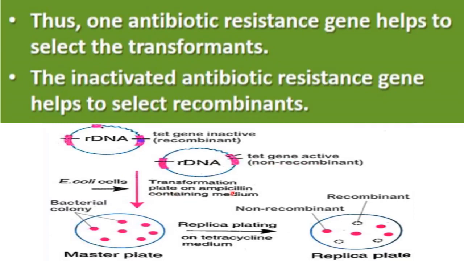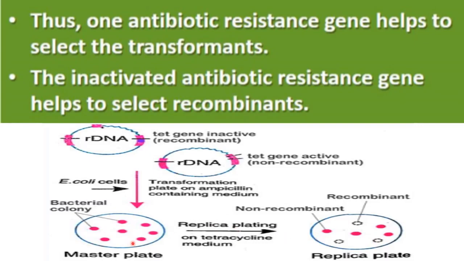Now, transformation plate on ampicillin-containing medium. First, we transfer the E. coli cells onto ampicillin medium, and in this medium we can select transformants from non-transformants. After that we are doing replica plating here.